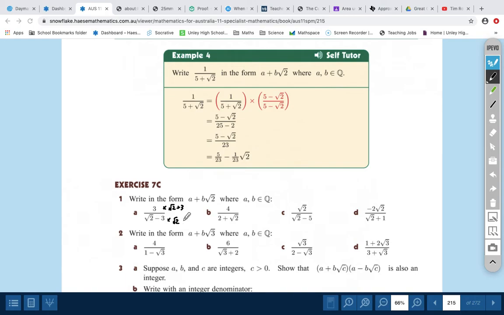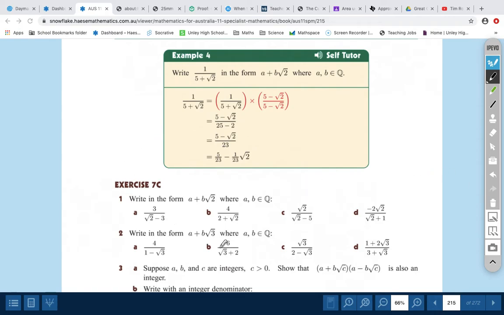Try that again. That should be a plus. So as long as you times top and bottom of a fraction by the same thing, the fraction doesn't change, right? This is simply just the idea that, you know, something like this. These two fractions are identical, even though to get to 2 on 4, you've times top and bottom by 2, right?